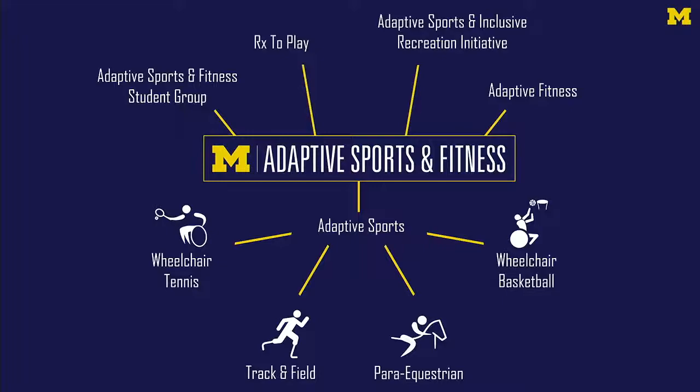The student group is led by undergraduate, graduate, and medical students at the University of Michigan, aimed at engaging the student body and working with other student groups to support and deliver the message of adaptive sports and fitness, and to be a voice and an advocate for how their activities and events can be made more accessible and include disability as an intersectional piece of what they do. Next is Prescription to Play.